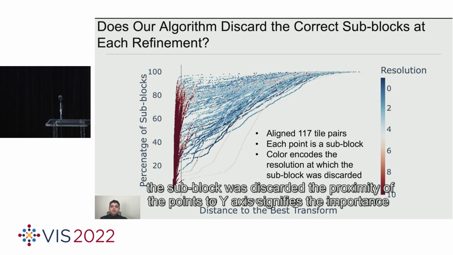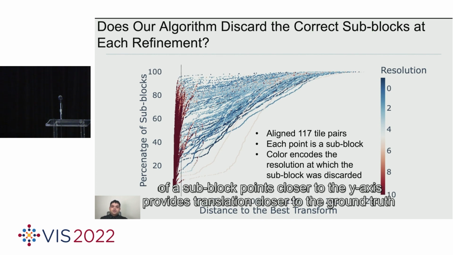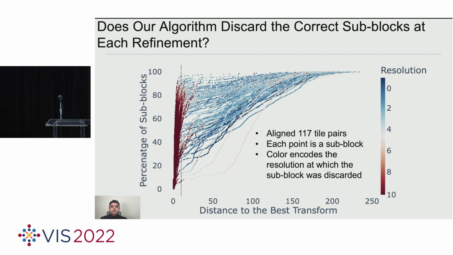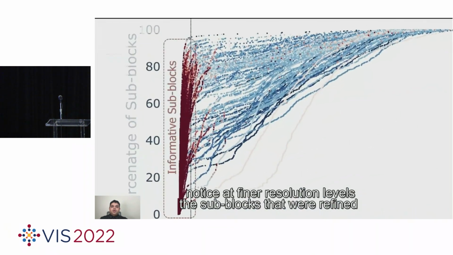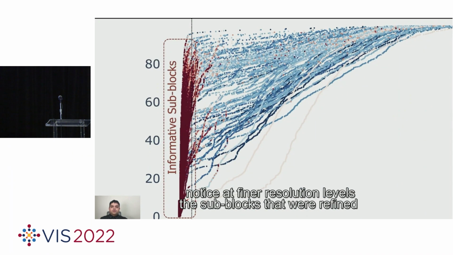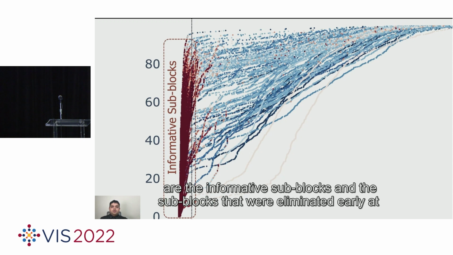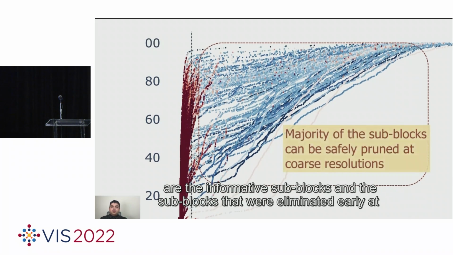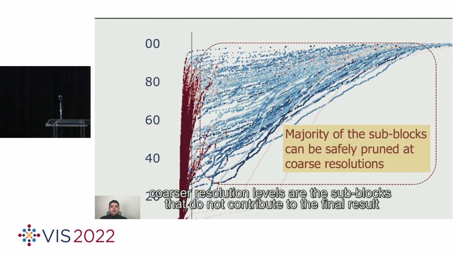The proximity of the points to the y-axis signifies the importance of a subblock. Points closer to the y-axis provide translation closer to the ground truth. Notice at fine resolution levels, the subblocks that were refined are the informative subblocks. The subblocks that were eliminated early at coarser resolution levels are the subblocks that do not contribute to the final result.